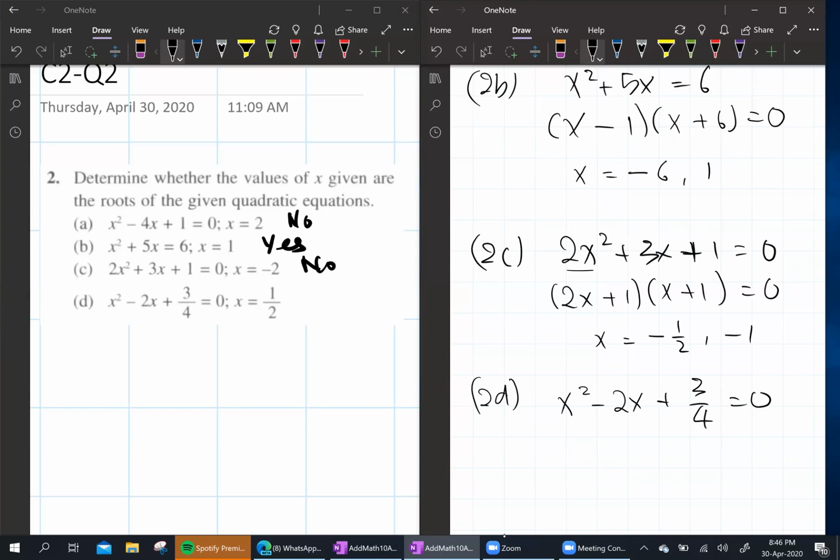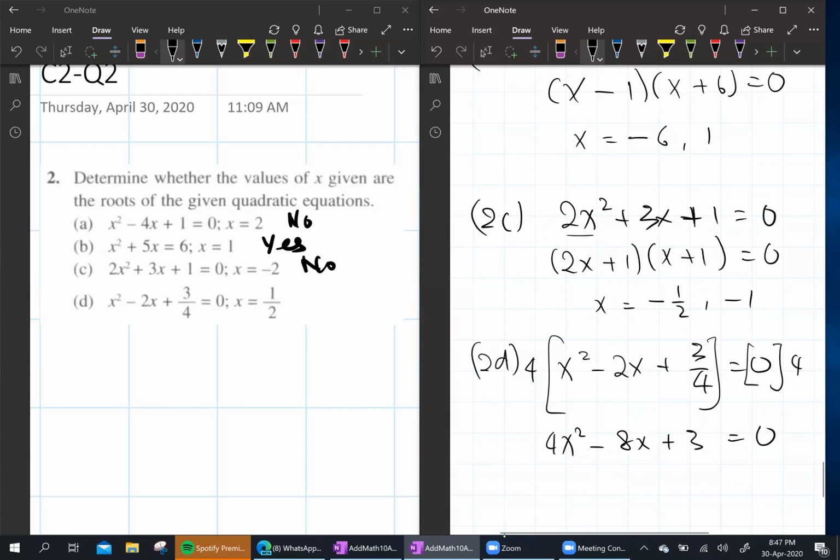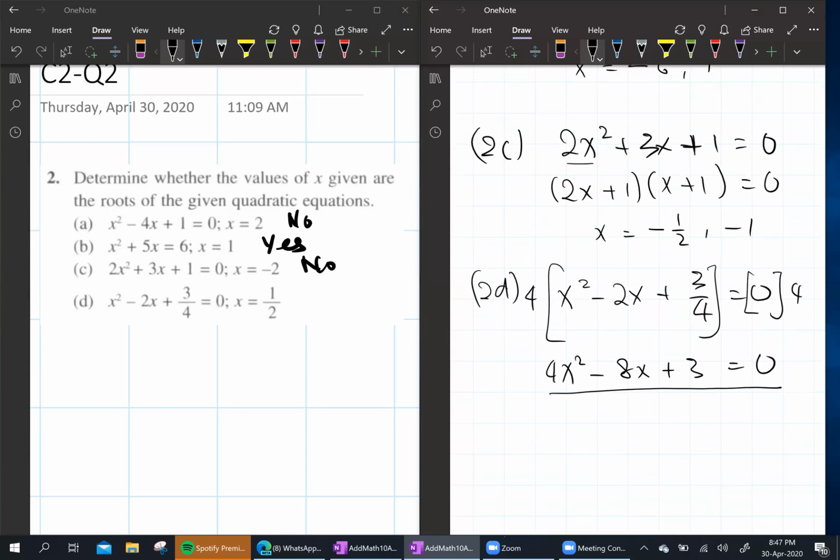Teacher, how do I do this? This one you multiply the whole equation by 4. Okay. So you try to get 4x squared minus 4x plus 3 equals 0. Then try to factorize it and see whether you can factorize. If you cannot factorize, you have to use the formula.